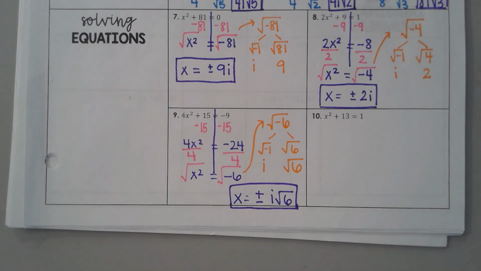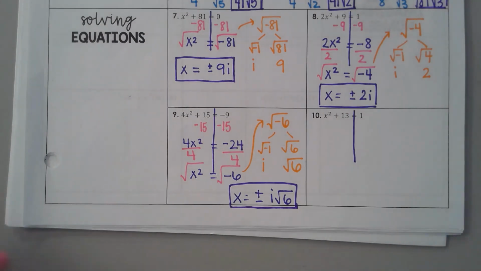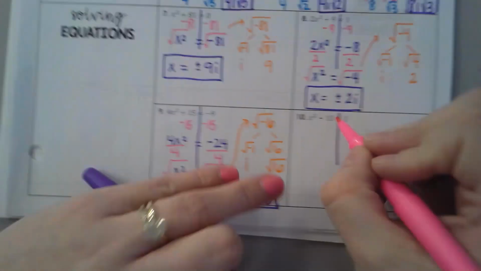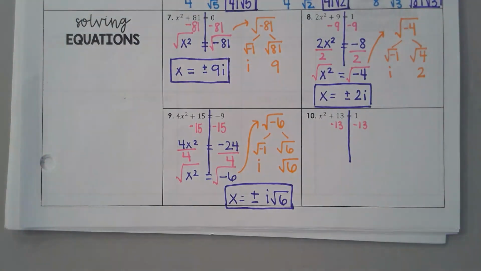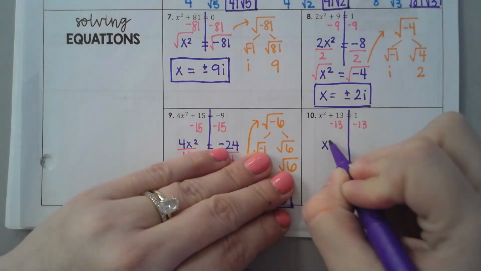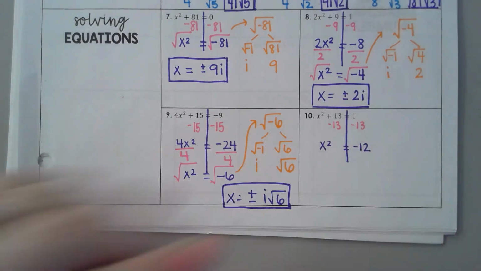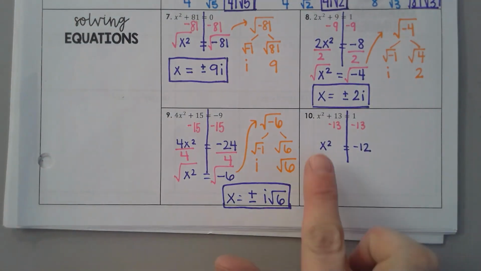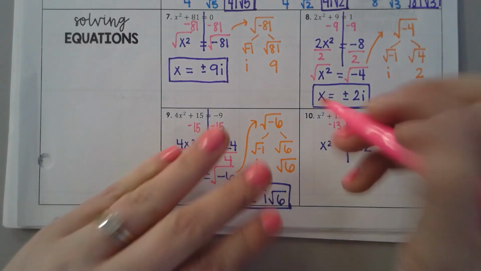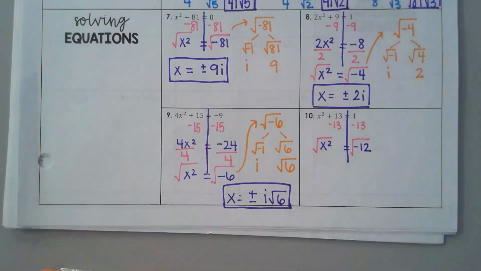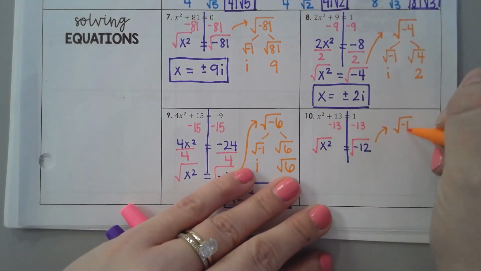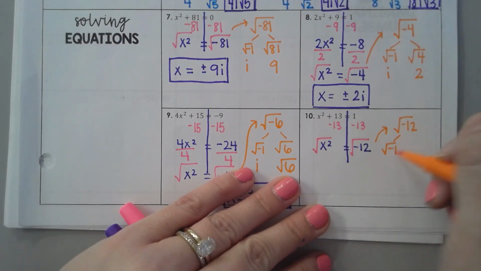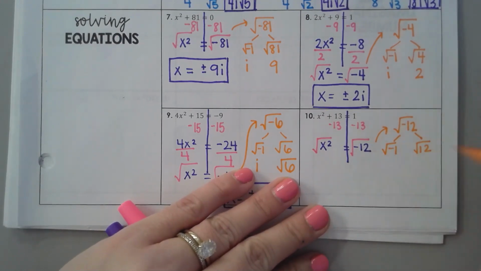I want you to try number 10. So you should subtract 13, which gives you x squared equals negative 12. And there's nothing to divide by, so I can go ahead and take the square root. So I got my negative 1, and I got my 12.